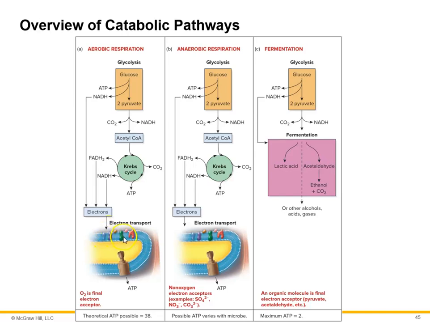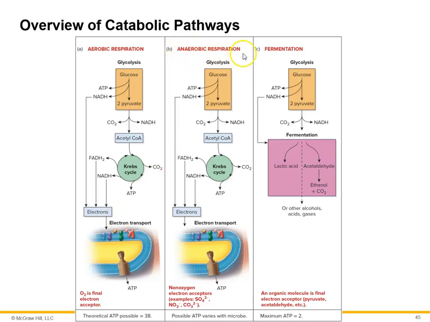These electrons get shuttled down the series of enzymes and coenzymes until they are transferred to oxygen. Oxygen is the final electron acceptor in aerobic respiration. You need to know that. The total ATP that's possible with aerobic respiration is going to be 38 per glucose molecule.